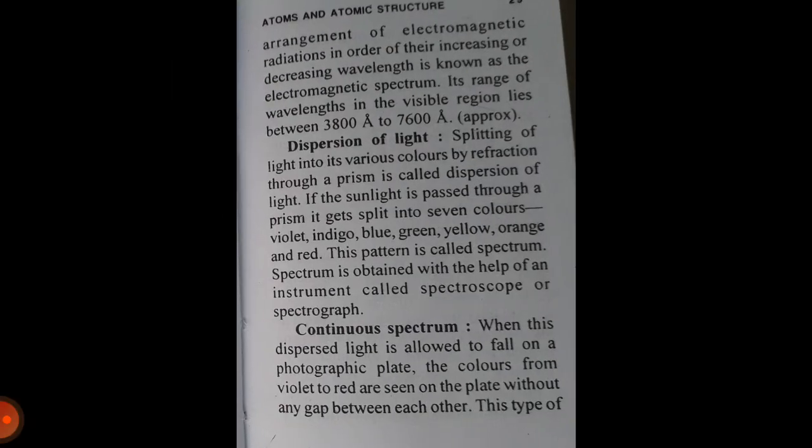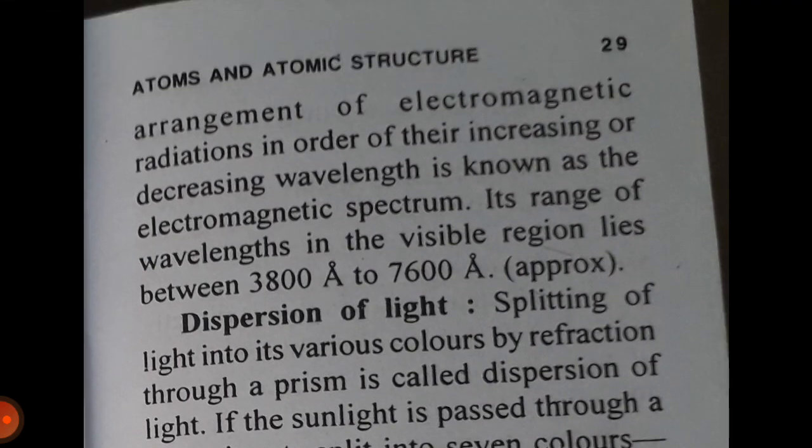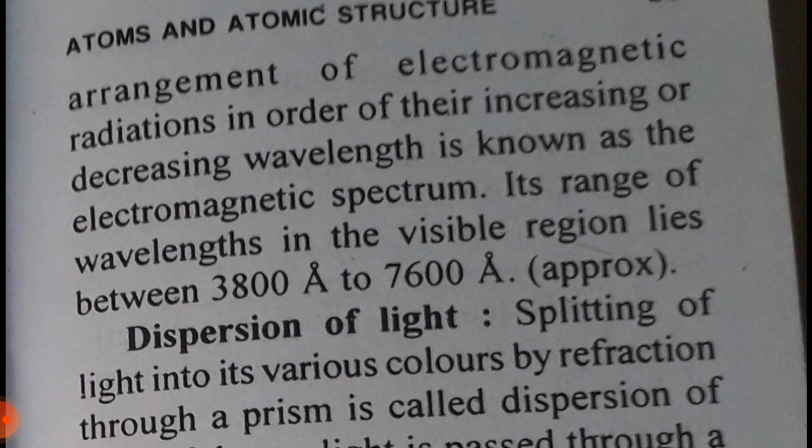The arrangement of electromagnetic radiation in order of their increasing or decreasing wave number is known as the electromagnetic spectrum. Its range of wavelength in the visible region lies between 3800 angstroms to 7600 angstroms approximately.